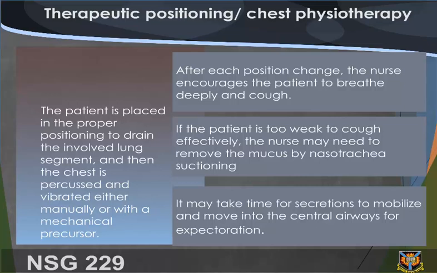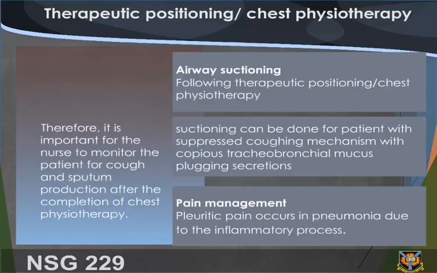The patient is placed in the proper positioning to drain the involved lung segment, and then the chest is percussed and vibrated either manually or with a mechanical percussor. After each position change, the nurse encourages the patient to breathe deeply and cough. If the patient is too weak to cough effectively, the nurse may need to remove the mucus by nasotracheal suctioning. It may take time for secretions to mobilize and move into the central airways for expectoration.